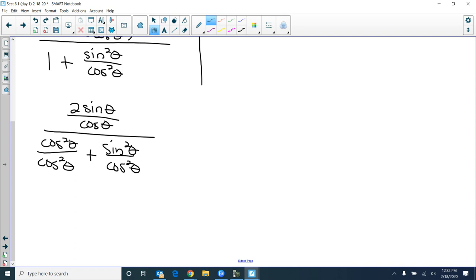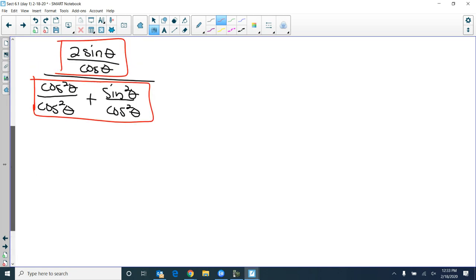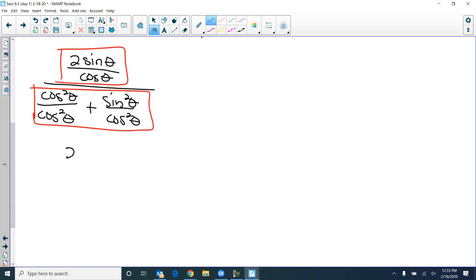All right, here I'm going to have a fraction, this numerator, divided by this denominator. I just need to simplify this a little bit more before I go anywhere else. Well, I do have a common denominator, right? So I'm going to keep this as 2 sine of theta over cosine of theta.